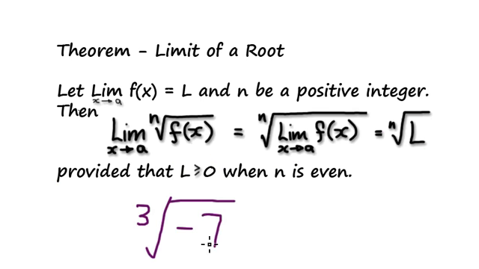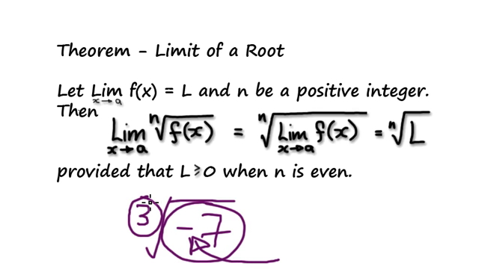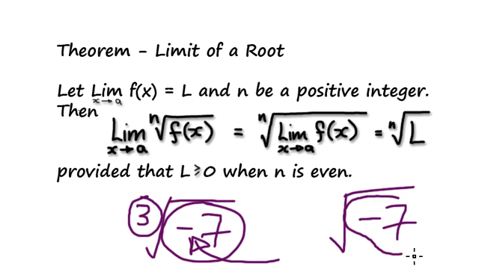You can have a negative 7, because you can actually find a cube root of it. You are allowed to have a negative number here when n is odd. But when it's even, like a square root, when it's a square root, we don't bother writing a 2 here, you cannot have a negative 7 here, because you're finding out a square root of a negative number.